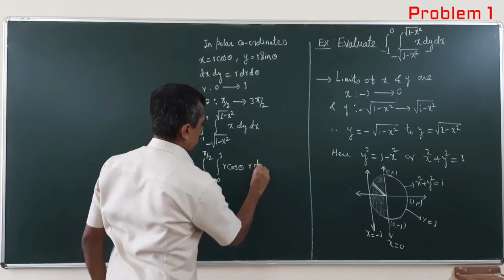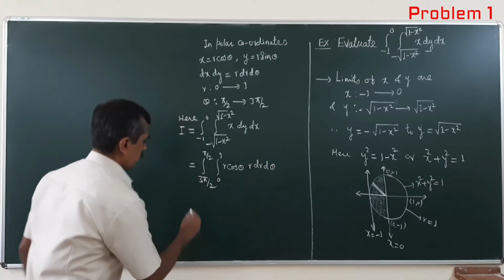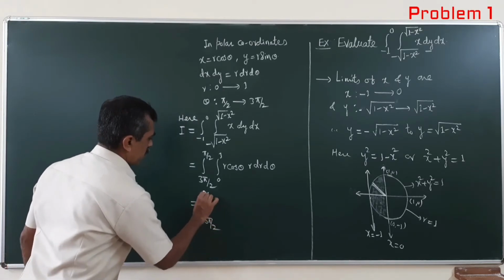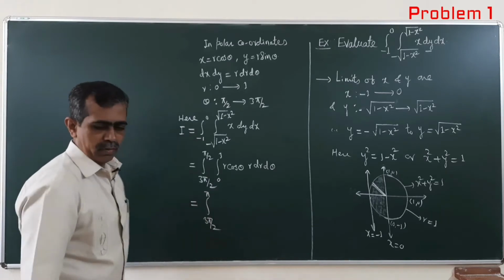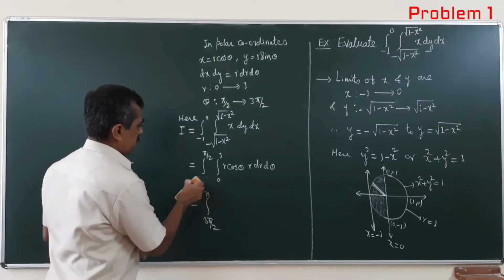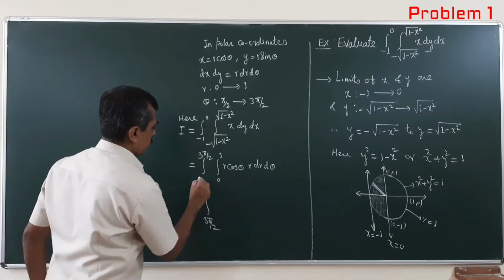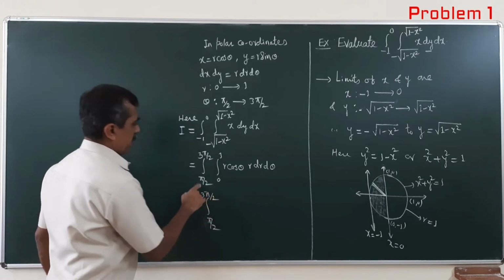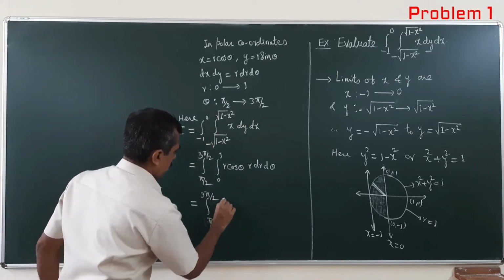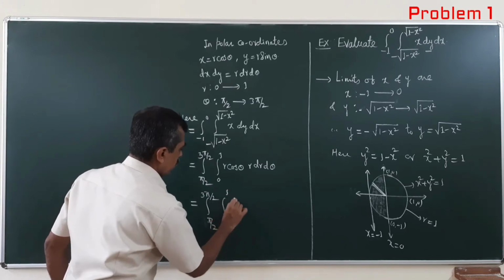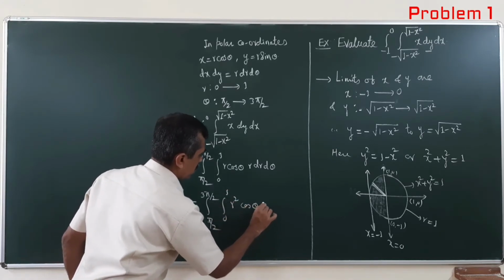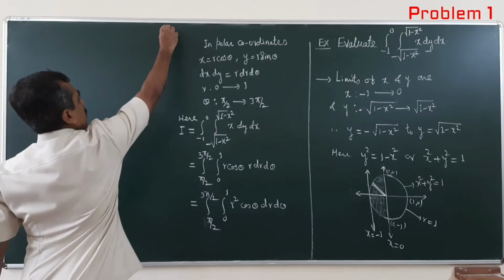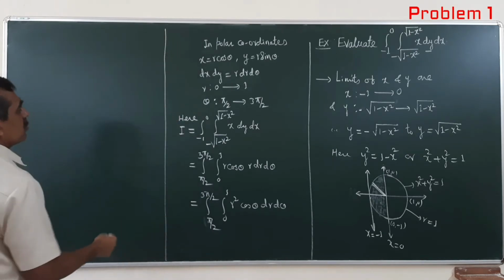So this equals integral, sorry, we should take the limits properly, because it runs from pi by 2 to 3 pi by 2, integral 0 to 1 r square cos theta dr d theta, right? Now we will evaluate this integral.